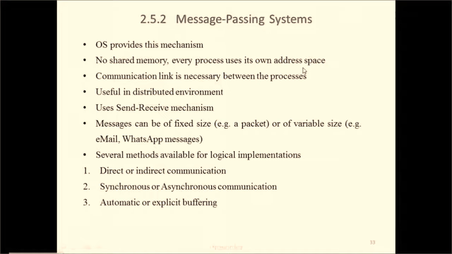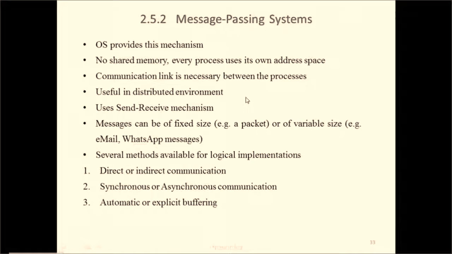So when you are in a WhatsApp group, all the time the mailbox lies on your smartphone and you are using your own address space. Communication link is necessary between the processes. Obviously, right? For WhatsApp to work, you have to be on the net, which provides you the communication link.